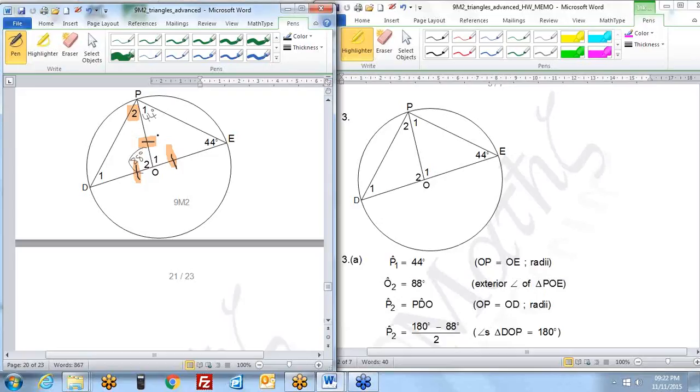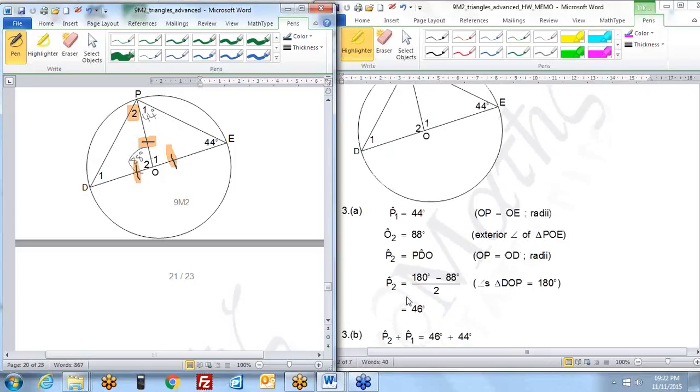So therefore, we say 180 minus 88 degrees divided by 2 gives you 46 degrees. So each of them will be 46, 46, which gives you 92. So 180 minus 88, and then you divide that by 2. Then you get 46 plus 46. So 92 plus 88 gives you the 180.